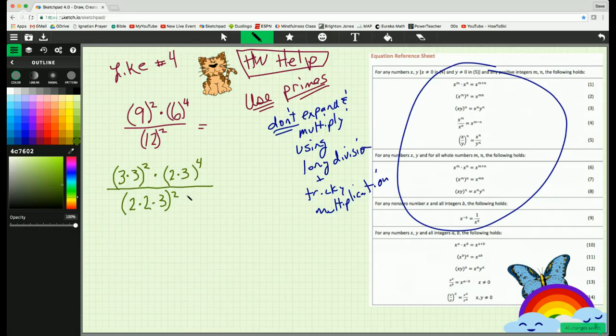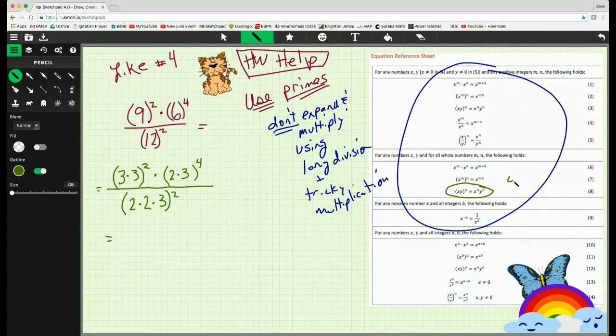squared. Now, this is going to be really cool because we're going to now use this rule right here, rule number 8. We're going to use it 3 times to simplify this expression. So this says that if I have a number like 5 times 7 to the 3rd power, that's the same thing as just 5 to the 3rd power times 7 to the 3rd power.